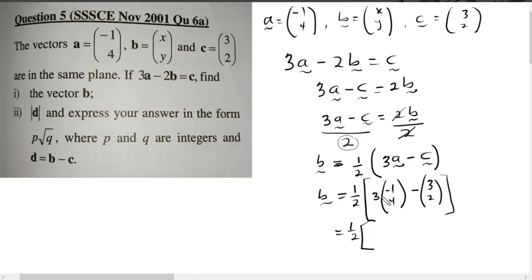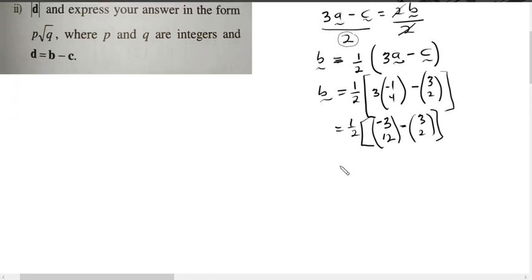This scalar is multiplying this vector, so it will multiply the x coordinate and the y coordinate as well. For the first one, we have 3 times negative 1, that is negative 3. And 3 times 4, we have 12. Here we have minus, so let me put this in brackets still, minus 3, 2.